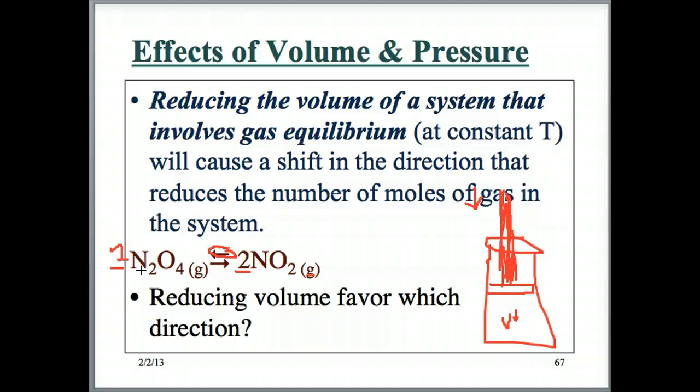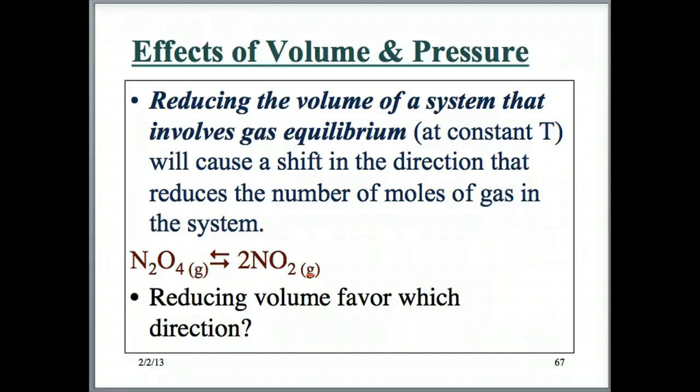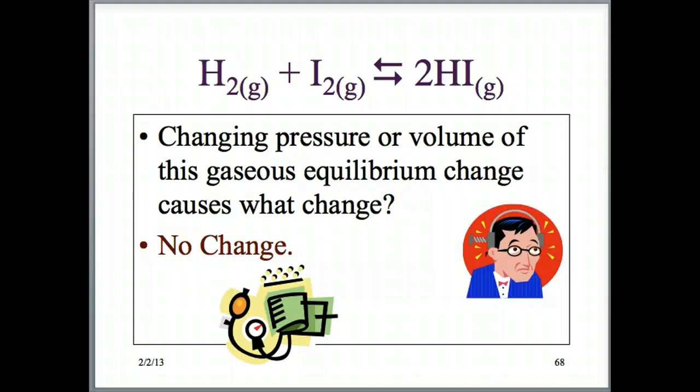It's not going to go that far, but my stress is adding pressure, so it's going to go to make less pressure. That's Le Chatelier's principle for gases, pressure-wise. In this case, changing pressure, which is the same as changing volume, with gases going 2 to 2, it actually doesn't do anything.